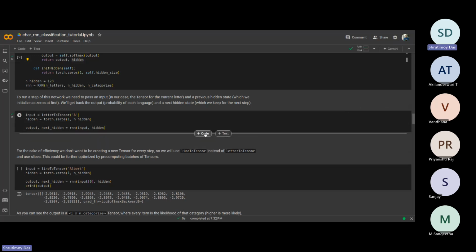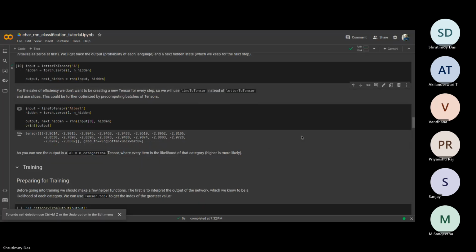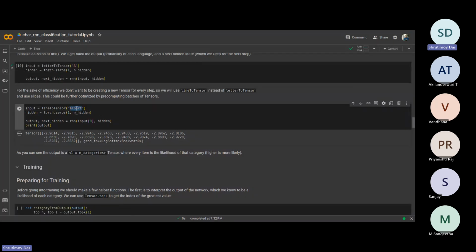Let us see how the output looks. Again, I am passing this word Albert as an input. Let me check. How many alphabet letters are there? 1, 2, 3, 4, 5, 6. So what will be the dimension of this input vector?